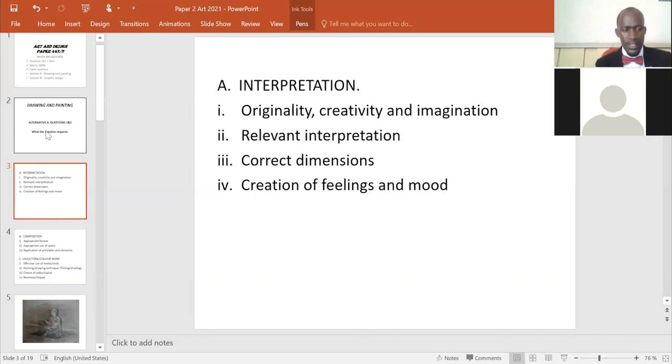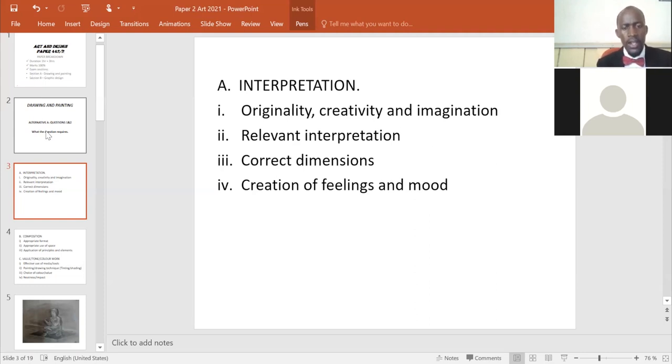The question directs you to create a pictorial composition on a theme such as assisting victims of disaster. Can we see the mood in that particular composition? Can we see the feelings? We are talking about victims of a disaster.